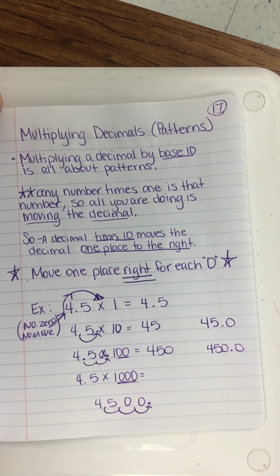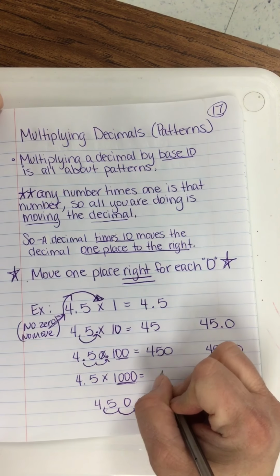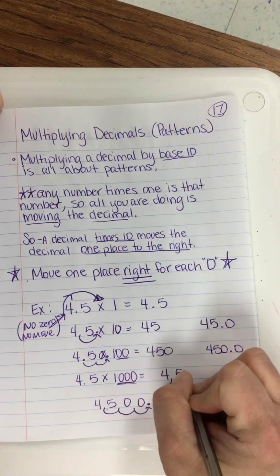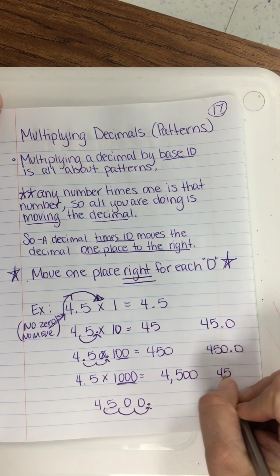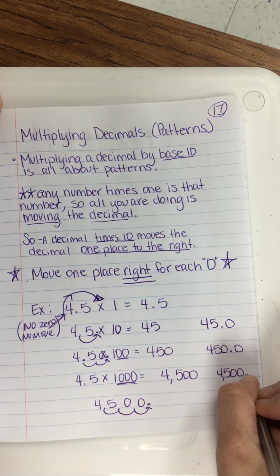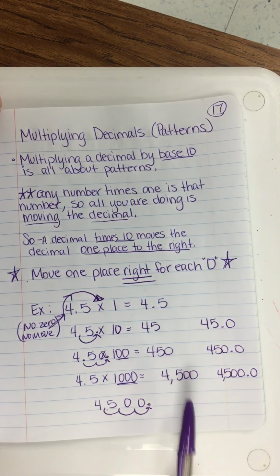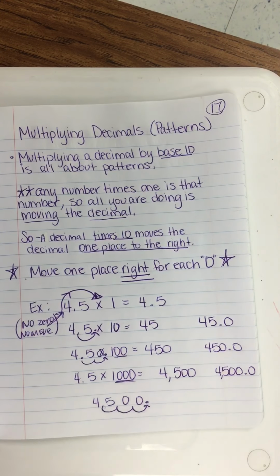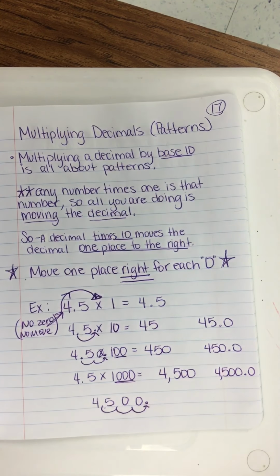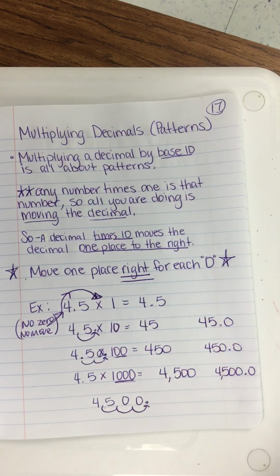So 4 5/10 times 1,000 is 4,500. Again, you can add the decimal and the 0 if you need, but really 4,500 is your answer.